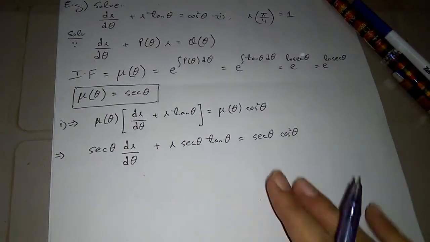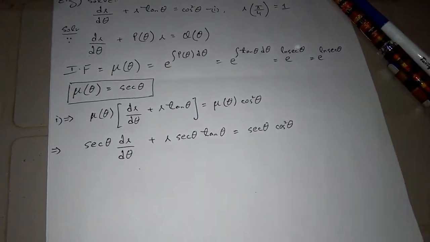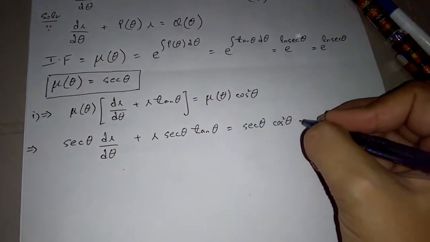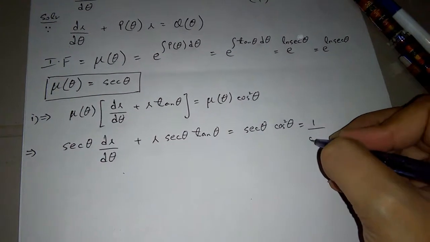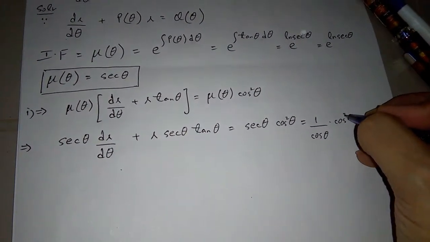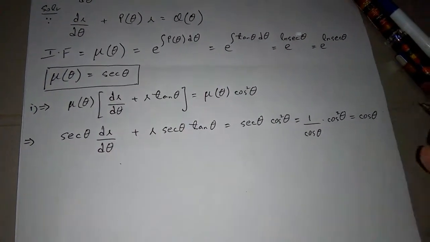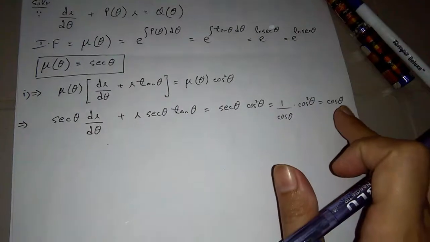You can observe here that secant is nothing but the reciprocal of cosine, so you can just write it like this. That's the preliminary of trigonometry indeed. On cancellation, it simply gives me cosine theta. So this thing equals cos theta.